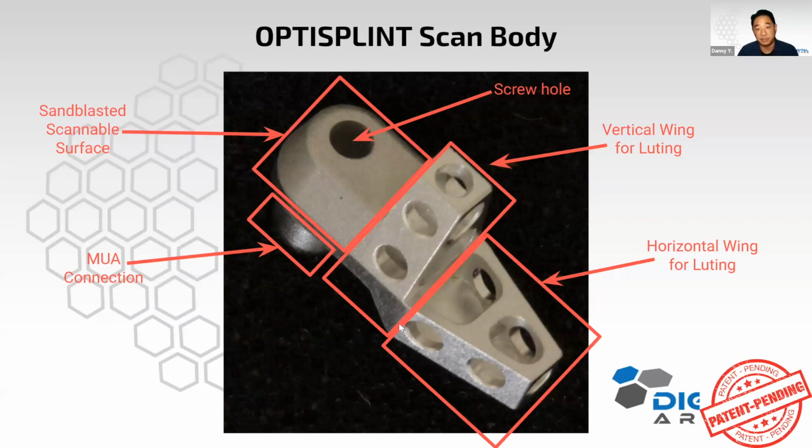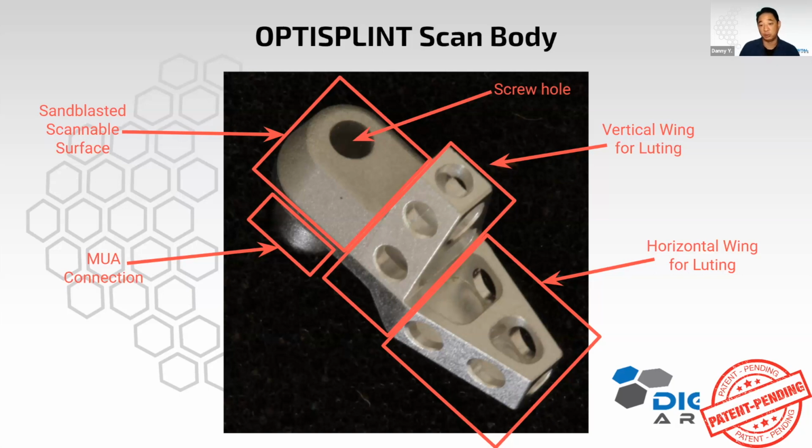The OptiSplint scan body is made up of two parts. It's got the scannable portion, which is the sandblasted portion on the back, and there is a lutable portion on the front. There's a vertical luting wing and a horizontal luting wing. While we recommend filling the horizontal wing when you're luting it, the frame doesn't have to be touching every part of this lutable portion.